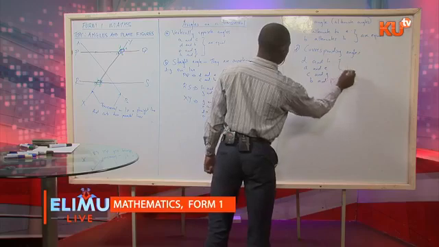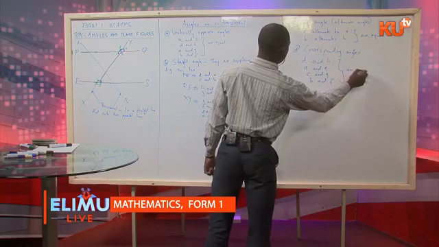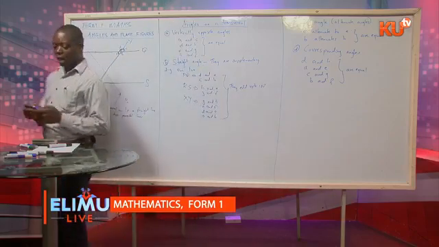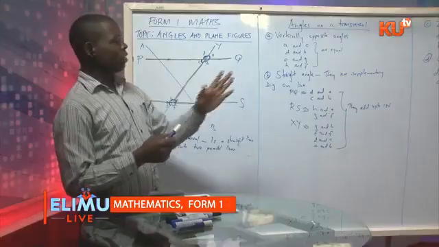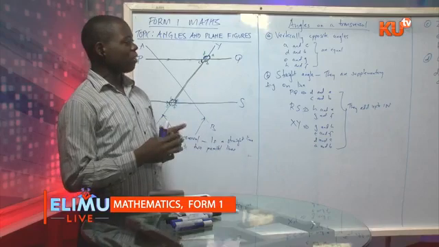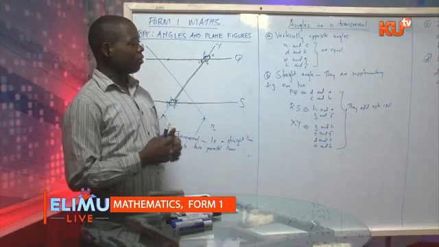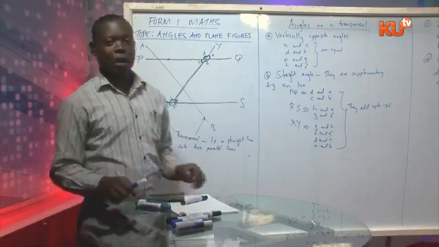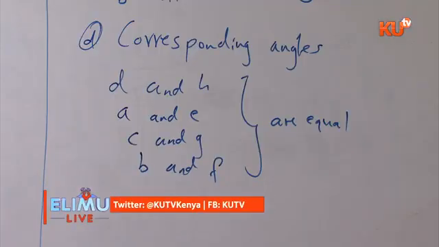And all corresponding angles are equal. A pair of corresponding angles are equal. That means that angle D is equal to H, angle A is equal to E, angle C is equal to G, angle B is equal to F. And the reason is they are corresponding angles.